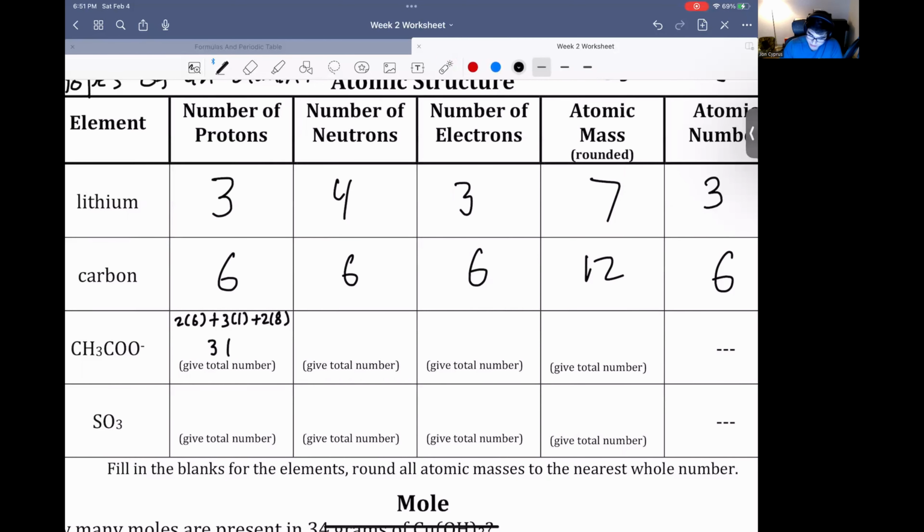So we do the same thing here: 2 times 12 for the carbons, plus 3 times 1 for the hydrogens, plus 2 times 16 for the oxygens. Let's add this up: 24 plus 3 plus 32, and you should get 59.